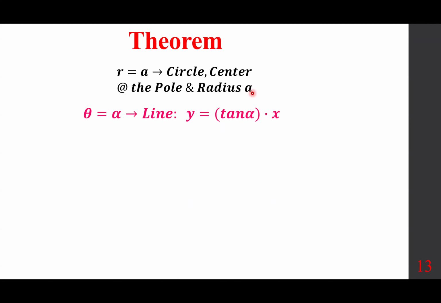Let's move on with the next thing that we learned. When theta is a constant, then y equals tan of that angle times x, which makes it a line which goes through the origin.